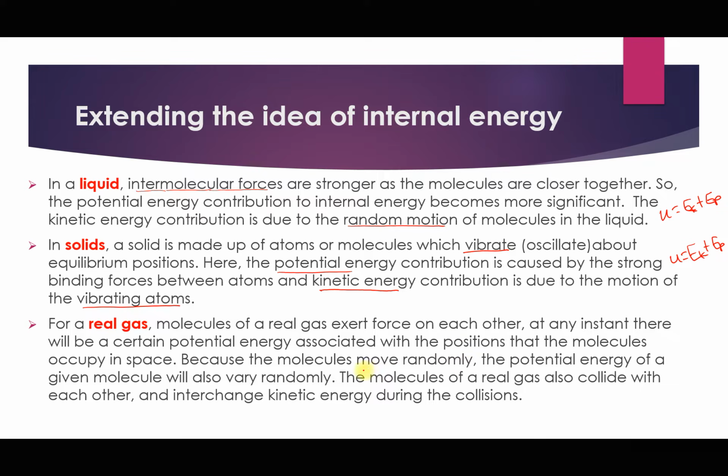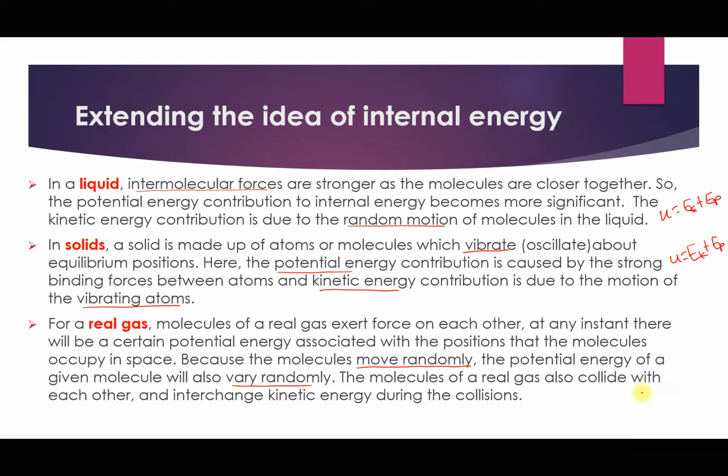Because the molecules which make up the gas move randomly, the potential energy of a given molecule also varies randomly. The molecules of a real gas also collide with each other and interchange kinetic energies during the collision. So these molecules have potential energy due to the weak force between the molecules.